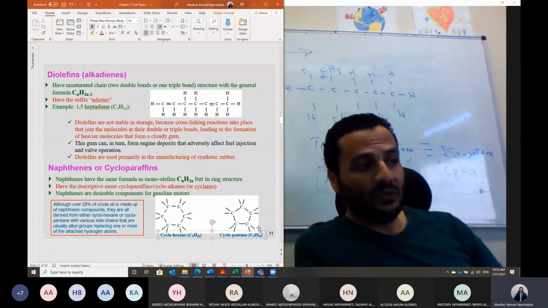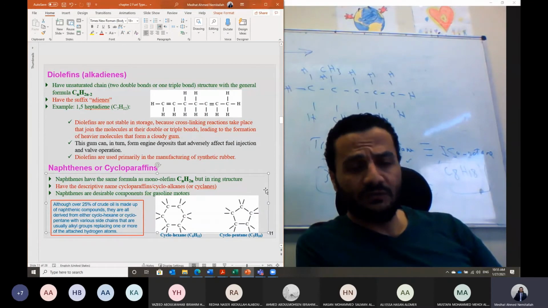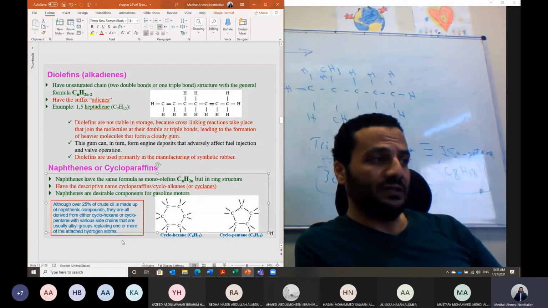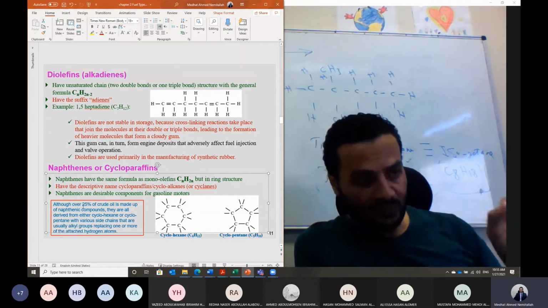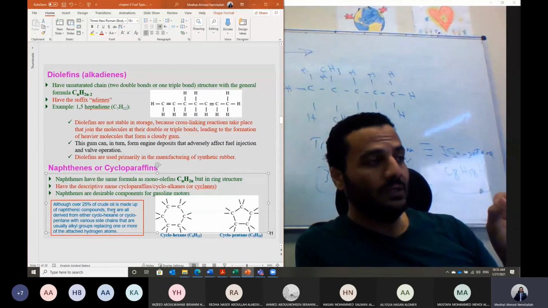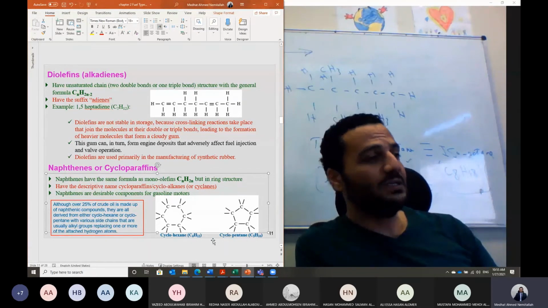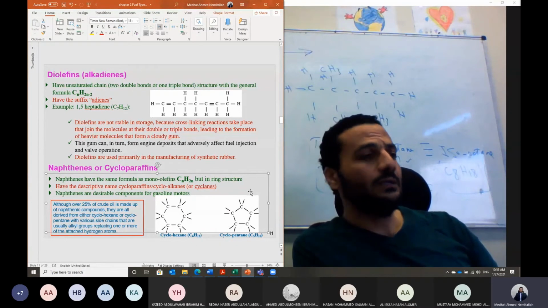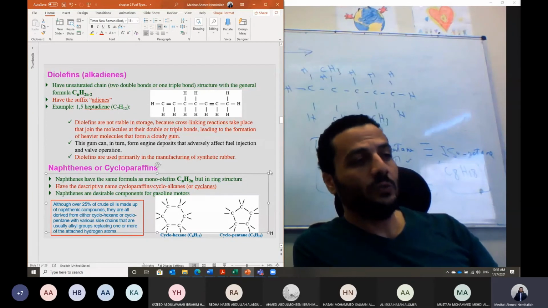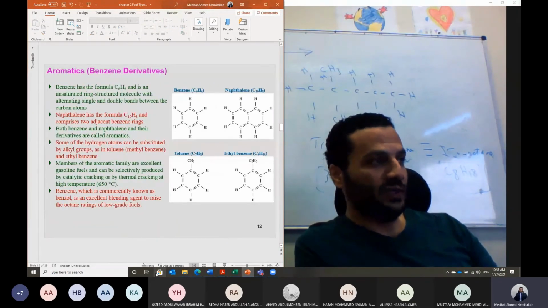If we have cyclopentane, pentane has 5 carbon atoms, and this should be a ring structure. About 25% of the crude petroleum oil is naphthenic compounds, coming from cyclohexane and cyclopentane. So this is one of the main components of the refining process.